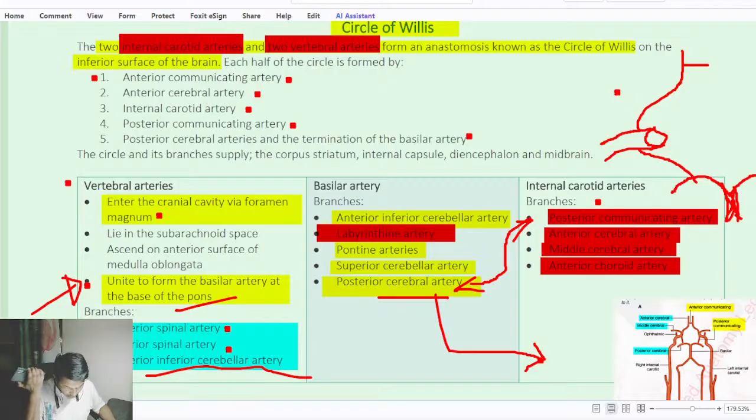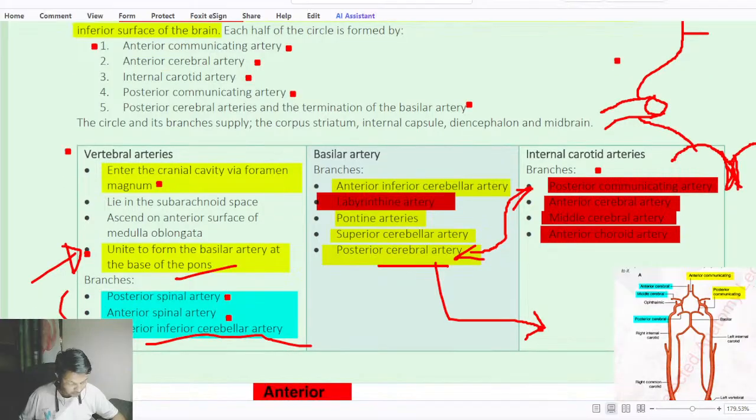So posterior communicating and anterior communicating both come together to form the circle. Am I right? Correct me if I'm wrong. No, it was okay. You can repeat again very rapidly.